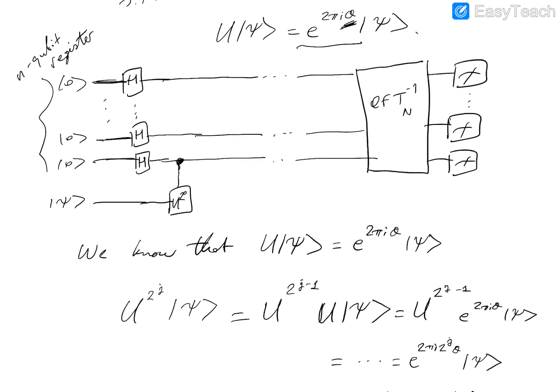We just apply U, and here we take this qubit as a control bit, and here we apply U to the power 2 to the power 1. And lastly, we take the first qubit as the control qubit, and here we apply U to the power of 2 to the power n minus 1. Okay, and we have some state u.